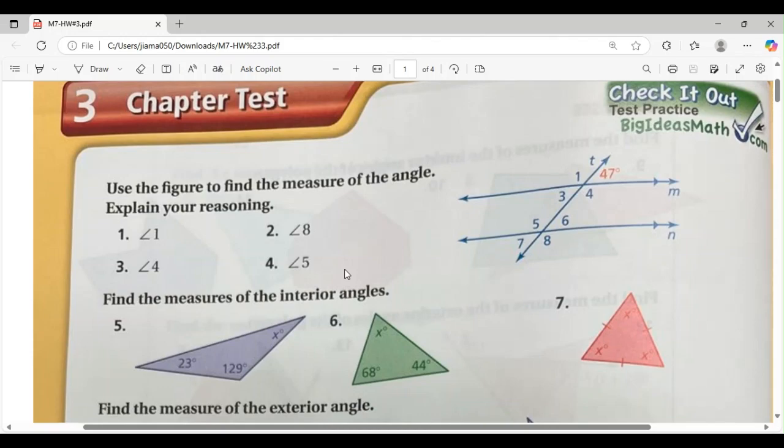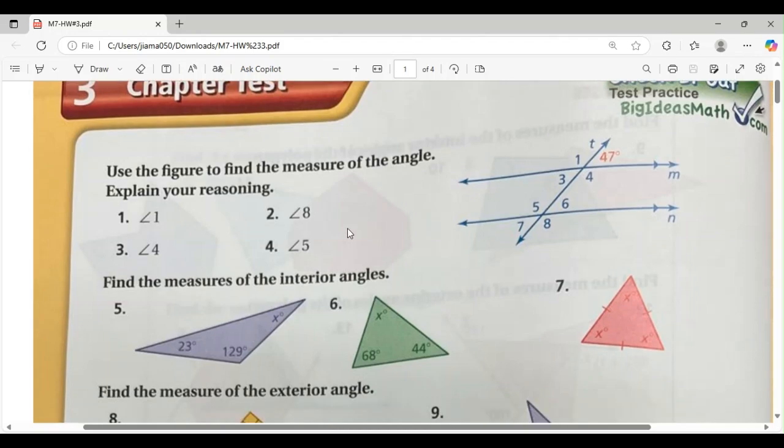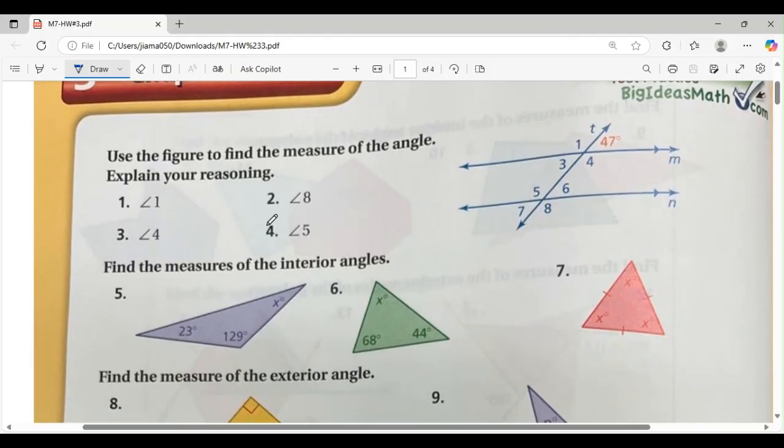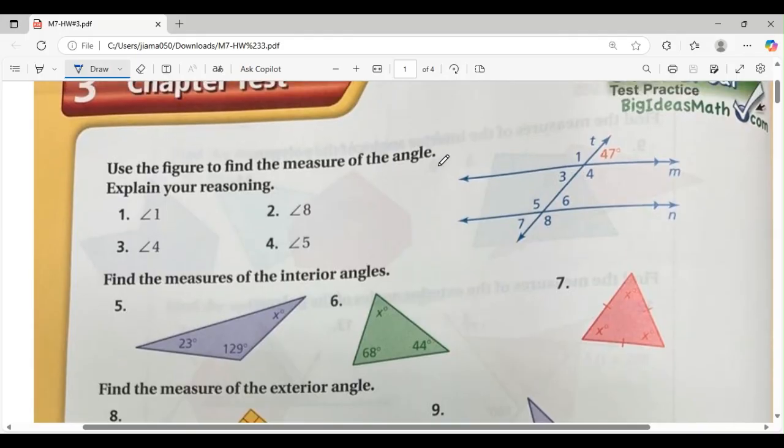This is our homework of this week. The first one says: use the figure to find the measure of the angle and explain reasoning. So let's see the first one, angle 1. Angle 1 is this.